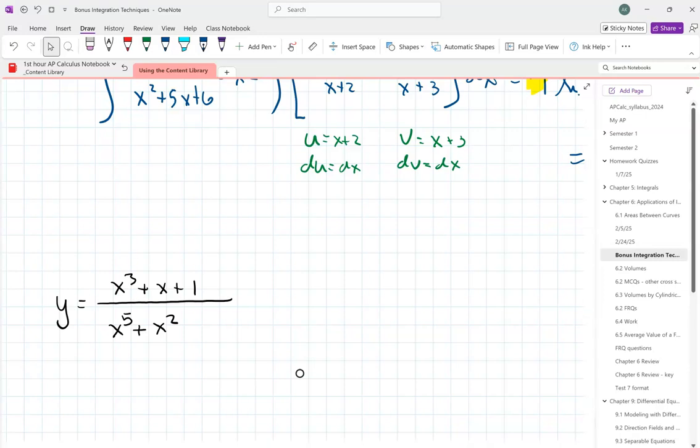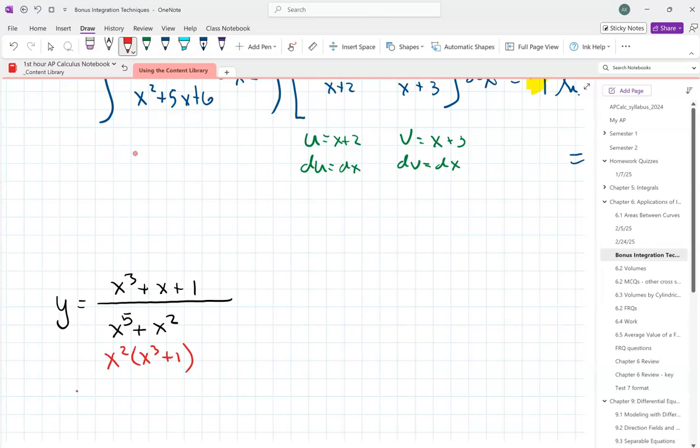So x to the 5th plus x squared, how can I factor that? Take out an x squared. Okay. What else? x cubed plus 1 can factor more, right? That's the sum of cubes.